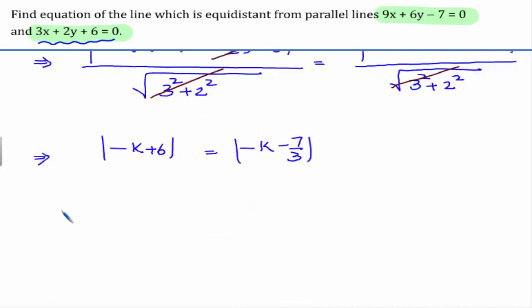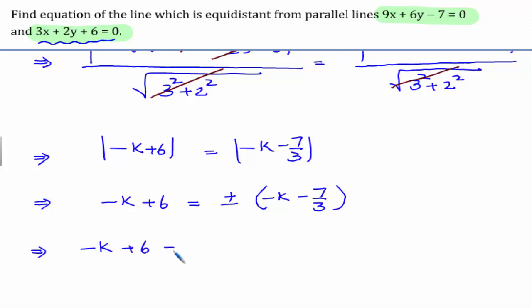So if we simplify this, we get modulus (minus k plus 6) is equal to plus or minus (k minus 7 by 3). Now let us take the first case, minus k plus 6 is equal to minus k minus 7 by 3, and the second case is minus k plus 6 is equal to minus into minus plus k plus 7 by 3.